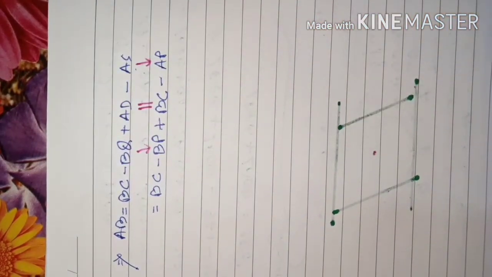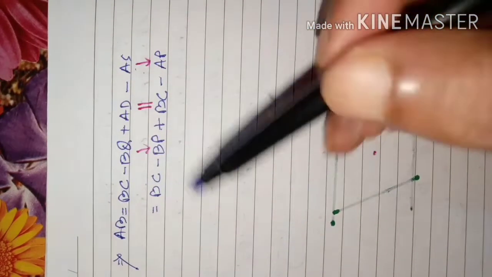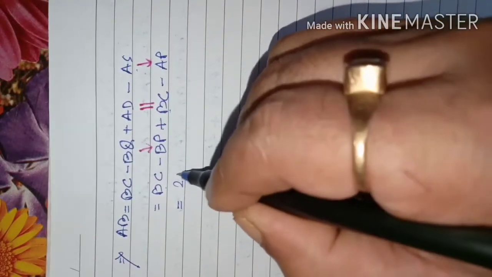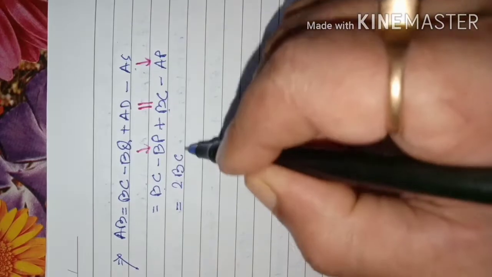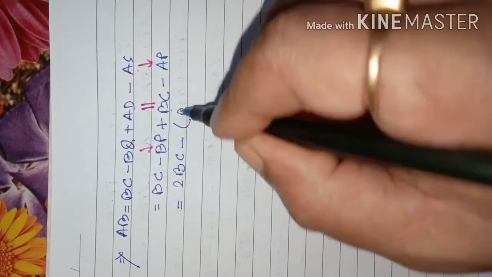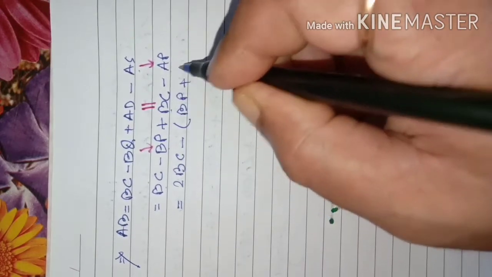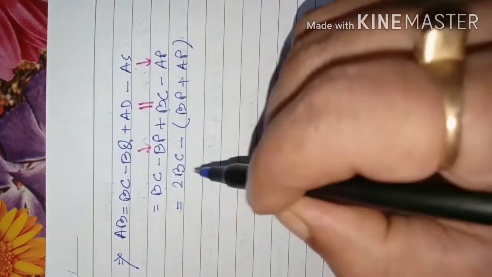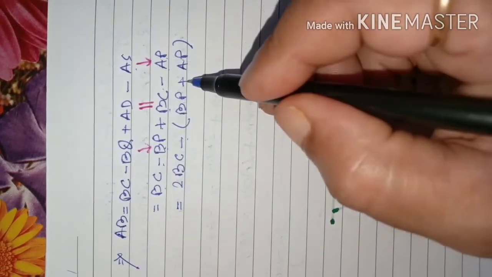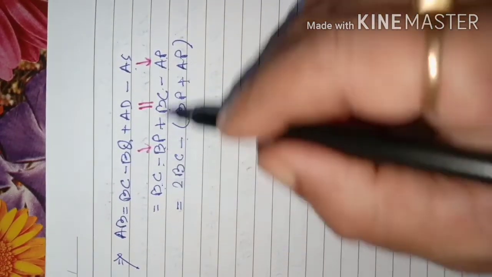Clear? Just look at the diagram, everything will be very clear. So here we have BC plus BC, 2 times BC. Minus BP minus AP, together you write in bracket. So it will be BP plus AP. Because if you take this minus as common, then it will be BP and this will be AP inside. These two are together here.